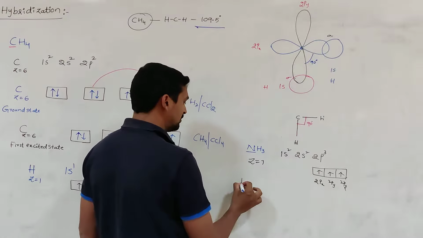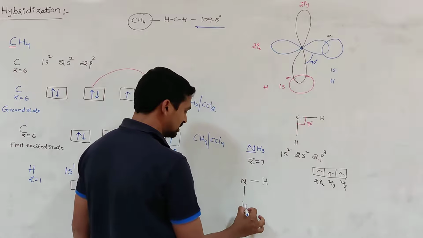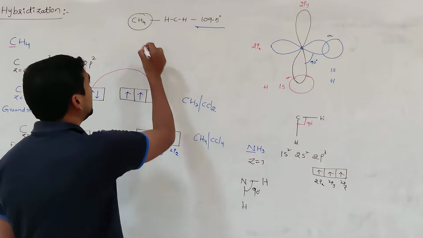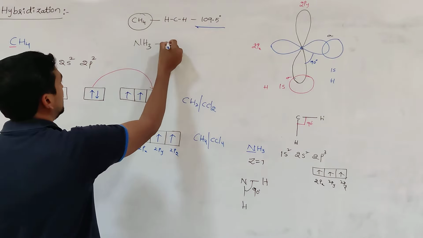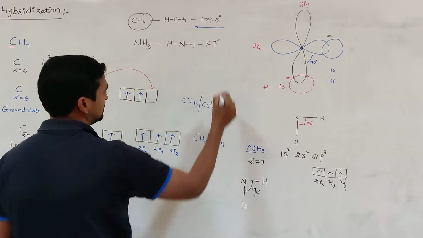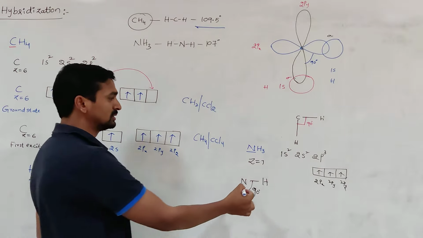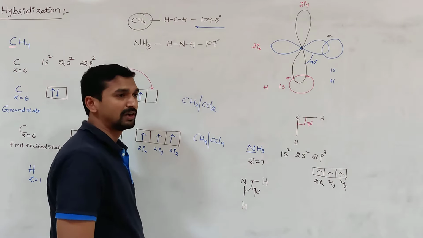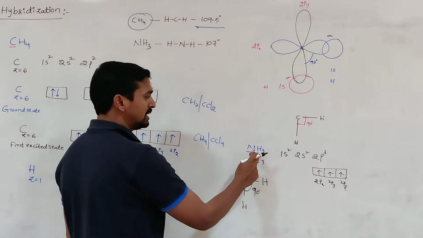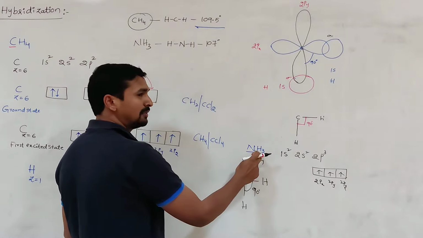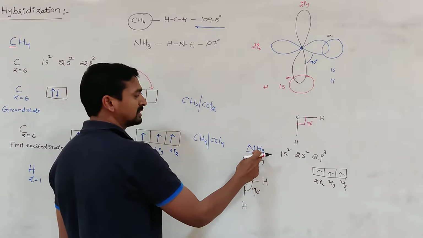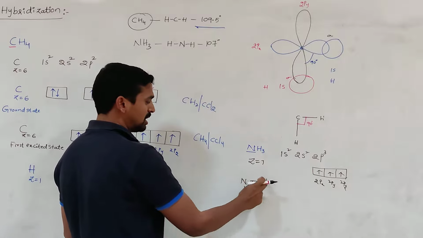What is the bond angle between N and H, H again? The bond angle is again 90 degrees. But what is the bond angle in the ammonia molecule? In the ammonia molecule, the HNH bond angle is 107 degrees. If you take into account the concept of overlapping of atomic orbitals, which results in the formation of a covalent bond, here the 2px orbital is overlapped with the 1s orbital of hydrogen, and the 2py orbital is overlapped with the 1s orbital of hydrogen, then we get a bond like this.